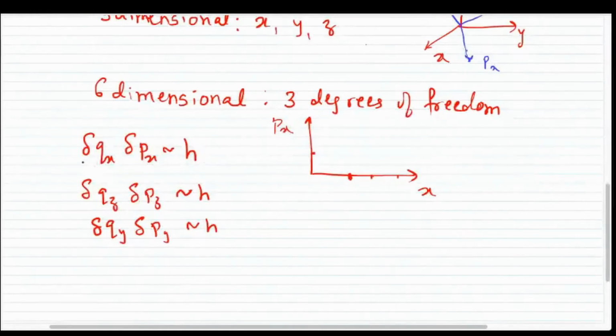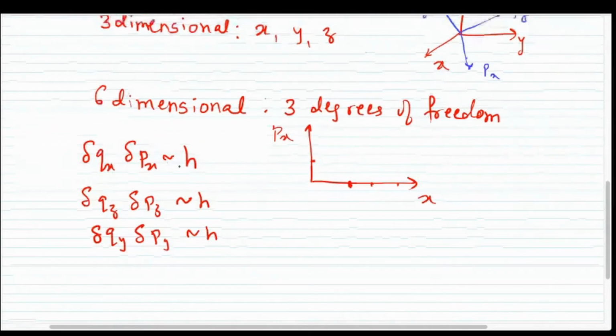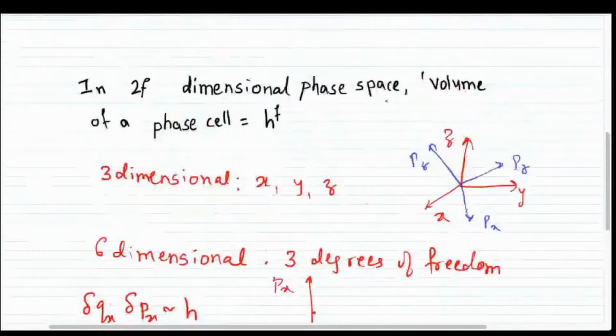That means delta qx is the accuracy in the measurement of position along the x-axis, and delta px is the accuracy in the measurement of momentum along the x-axis, and that product is h. Similarly, the product along the y-axis is h, and along the z-axis is also h. And so the total volume of the phase cell in 6-dimensional phase space will be h raised to 3.